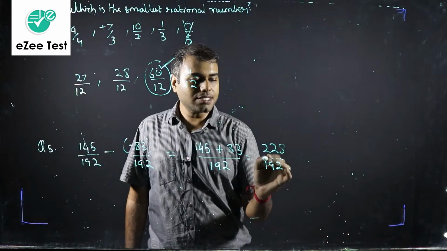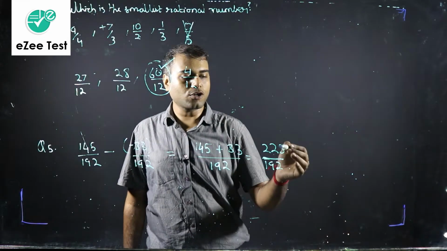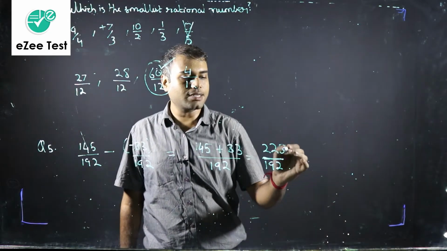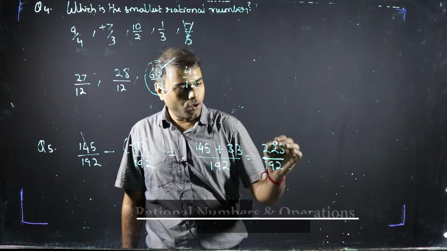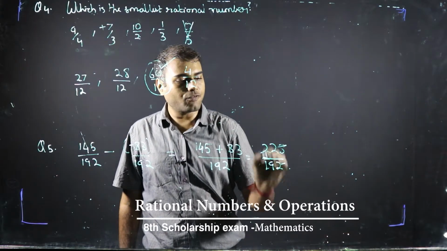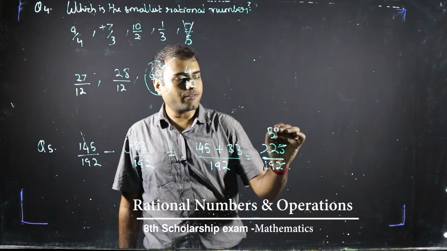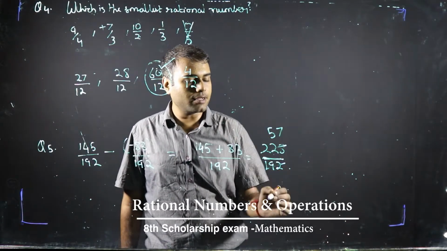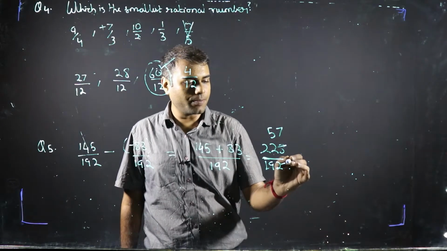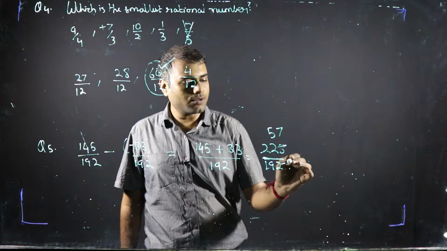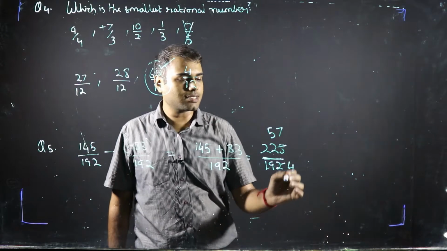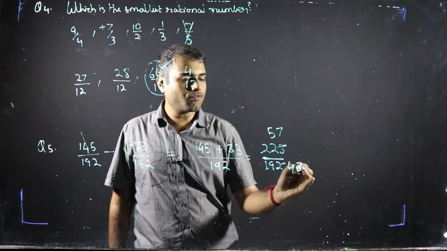But see, we can still simplify this fraction because both of them are even numbers. We can cut them by 4. So if we cut it by 4, it will come as 57. And what will come in the denominator? 4 into 4 is 16. The remainder is 32. It will come as 48.